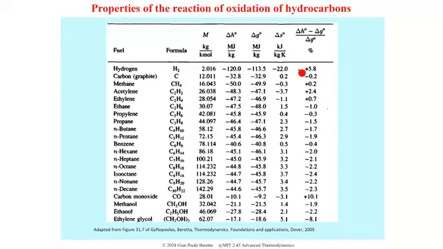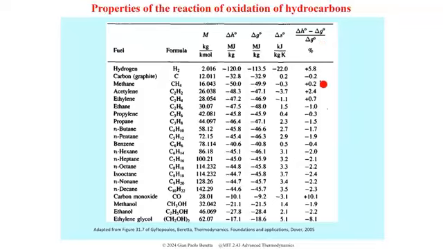What's important for the application, and you have already used it in your homework, is that the difference between the enthalpy and the Gibbs free energy is small, percentage-wise in terms of the Gibbs free energy, which is related to the exergy of the fuel.